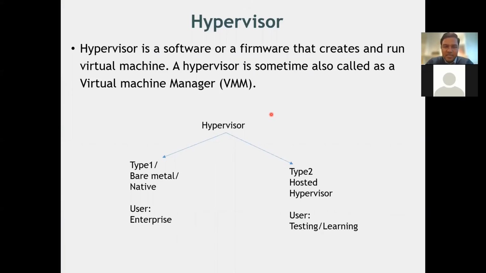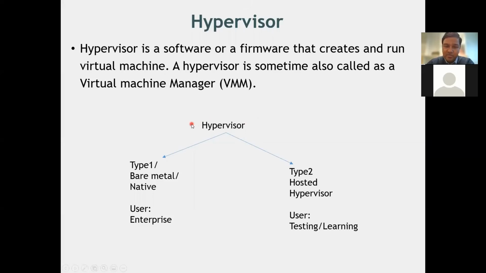But a hypervisor is basically a software that creates and runs virtual machines. So basically, with the help of a hypervisor, we are able to virtualize the hardware beneath, and then virtual machines can be created on it. And the virtual machines, once you create them, need to be managed. So a hypervisor is sometimes also called a virtual machine manager.